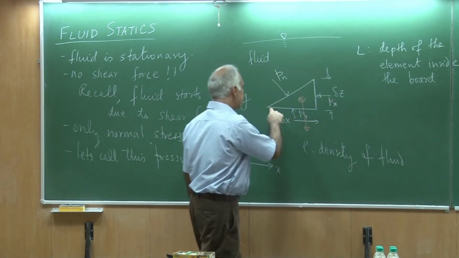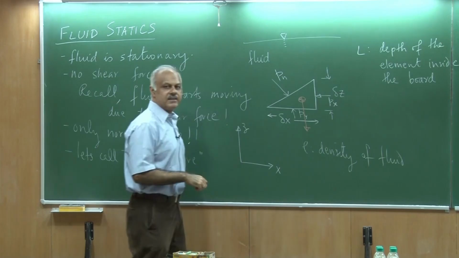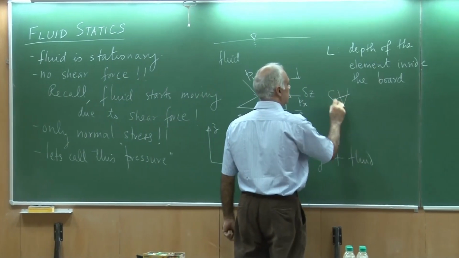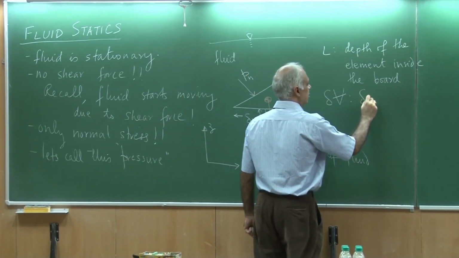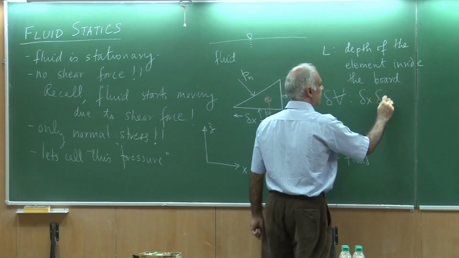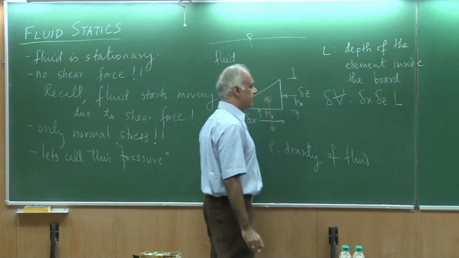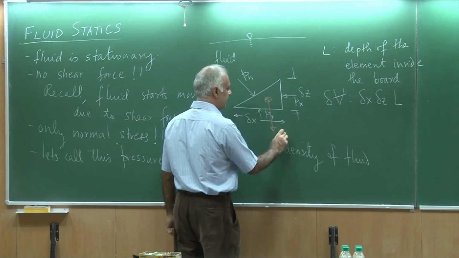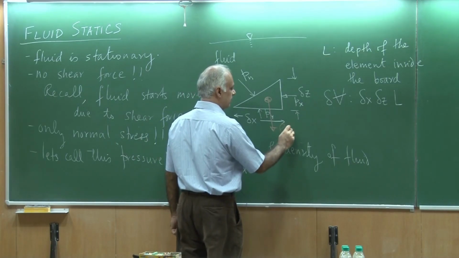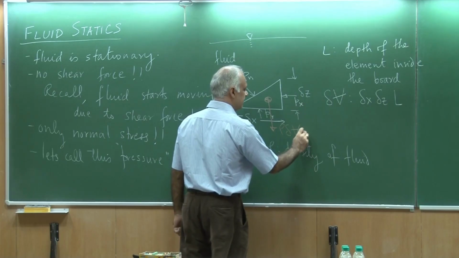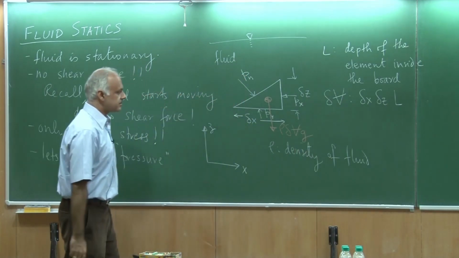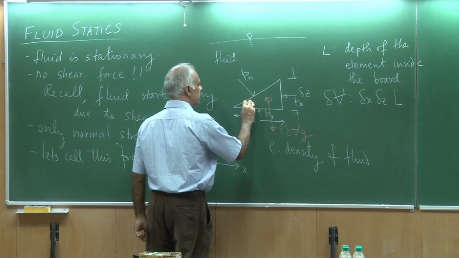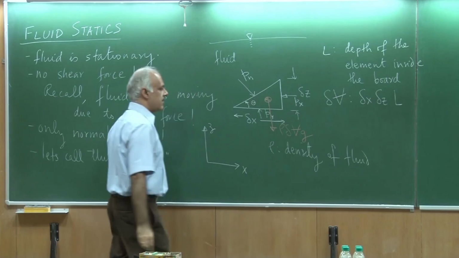So, I am going to consider an element of depth L inside the blackboard. Then I could say the delta volume is delta x times delta z times L. And therefore, this force, the weight, is simply rho times delta V and g. Okay. Let me call this angle theta.